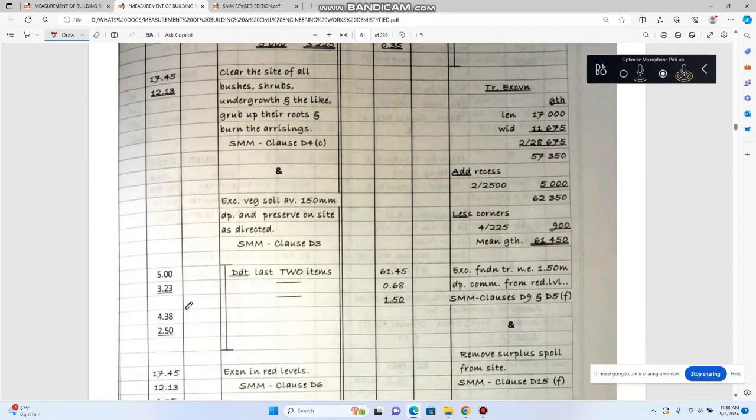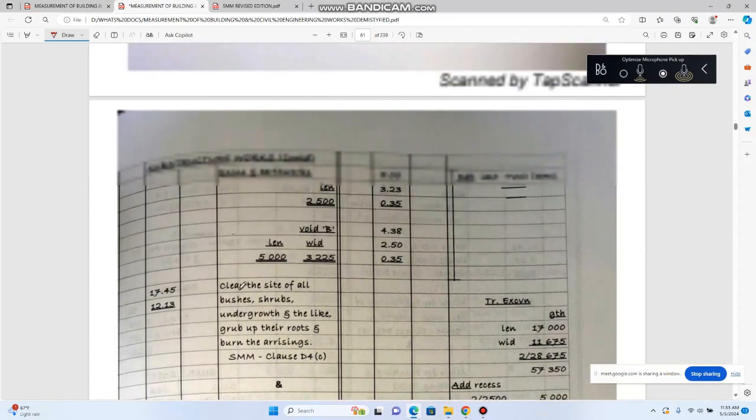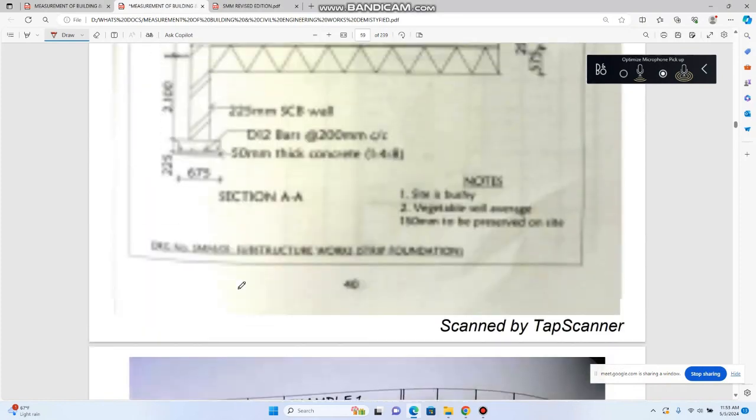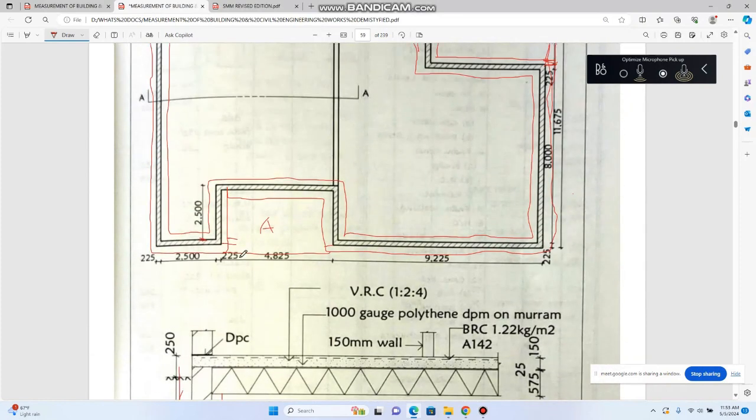All right, for the void A is 4380, something like this, and 2500. I don't know what we had got here. Yeah, this one, it was 40. For this one was 2500, and for this it was 4825 minus 450.